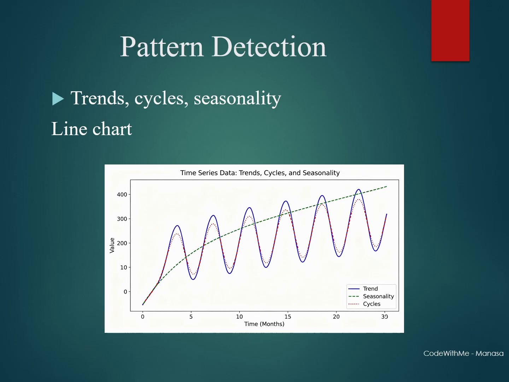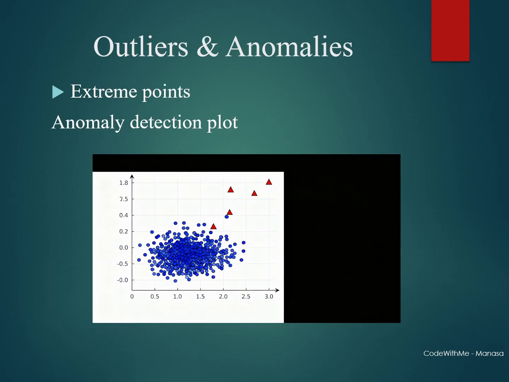Let us see what are outliers and anomalies. Outliers are extreme points that don't follow the normal pattern. Like we have discussed outliers in the earlier videos also. Let us take age here. We have a dataset which contains age groups between 20 to 50, and there are two or three ages of 140.